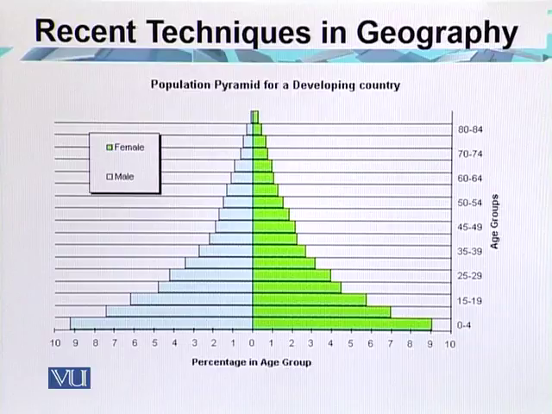The percentage of the population is mostly between 0 to almost 20 years of age, but most of the population is in the 0 to 4 year group. It means the country has a high growth rate, or in other words, a high birth rate.